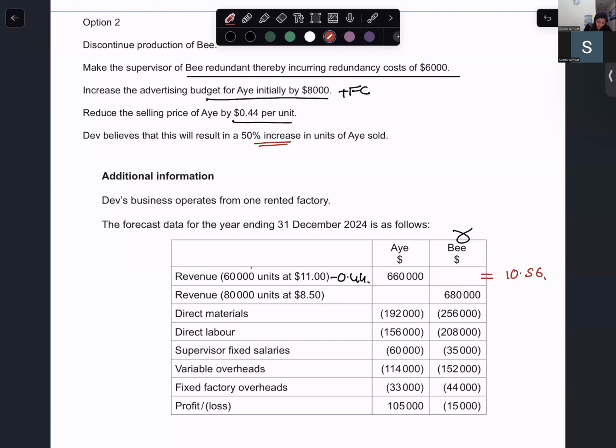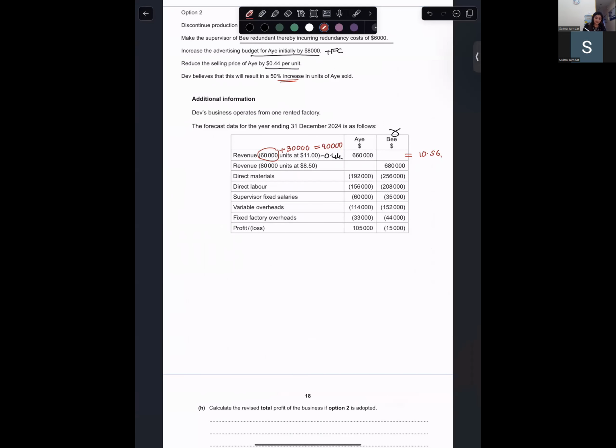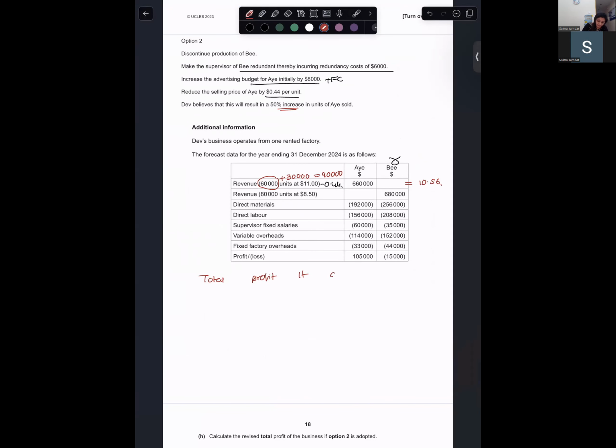So the units sold will increase by another 30,000, so the number of units sold of I would become 90,000. Now they want us to find the total profit if I opt for option 2.